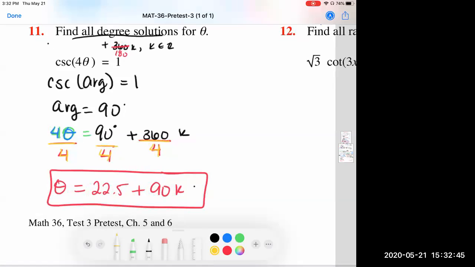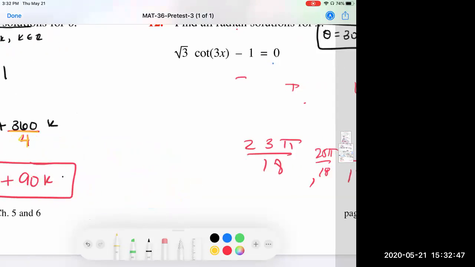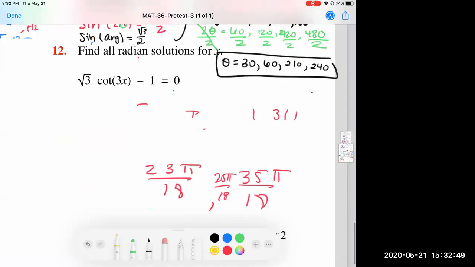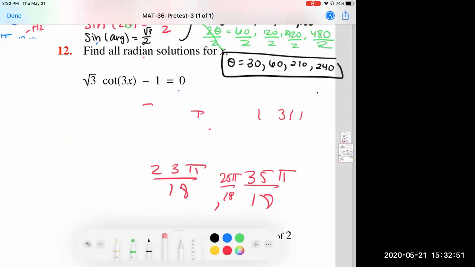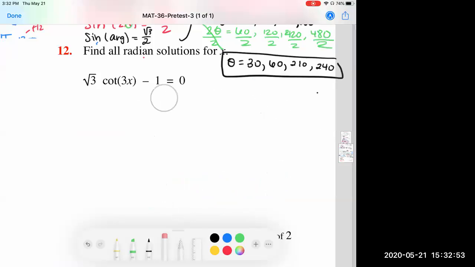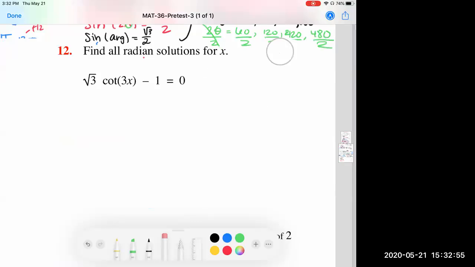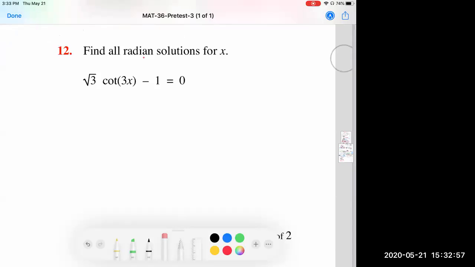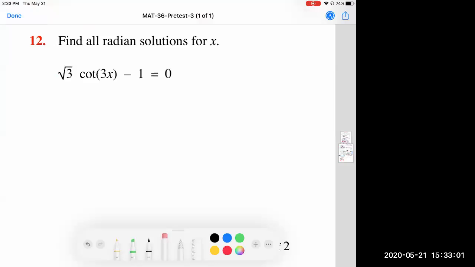All right, let's take a look at 12. Let me erase some work. All righty. 12. Find all radian solutions for x. And we're given square root of 3 cotangent 3x minus 1 is equal to 0. Let's go ahead and solve for cotangent, but let's replace 3x with arg.